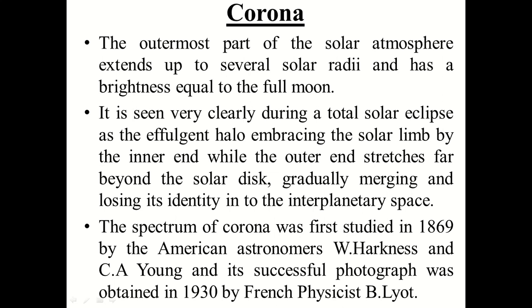It is clearly seen only during the total solar eclipse as the effulgent halo embracing the solar limb by the inner end, while the outer end stretches far beyond the solar disk, gradually merging and losing its identity into the interplanetary space.